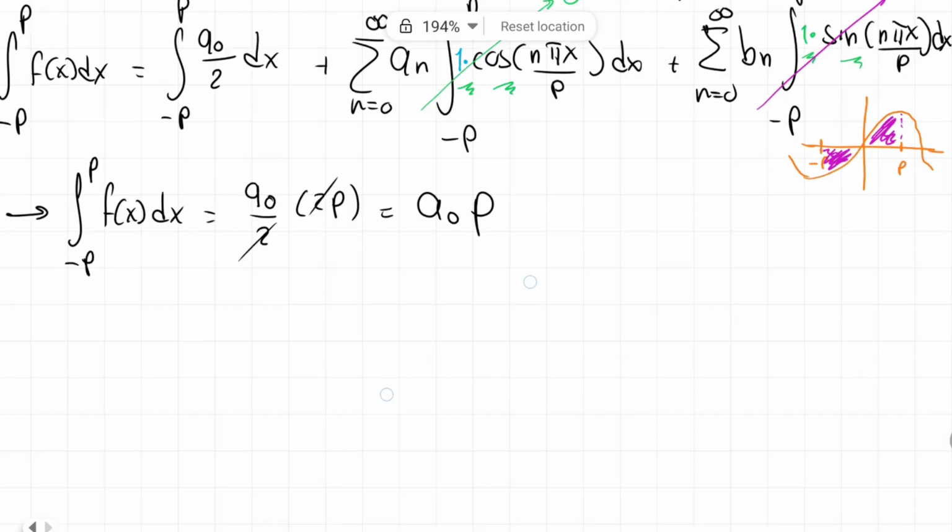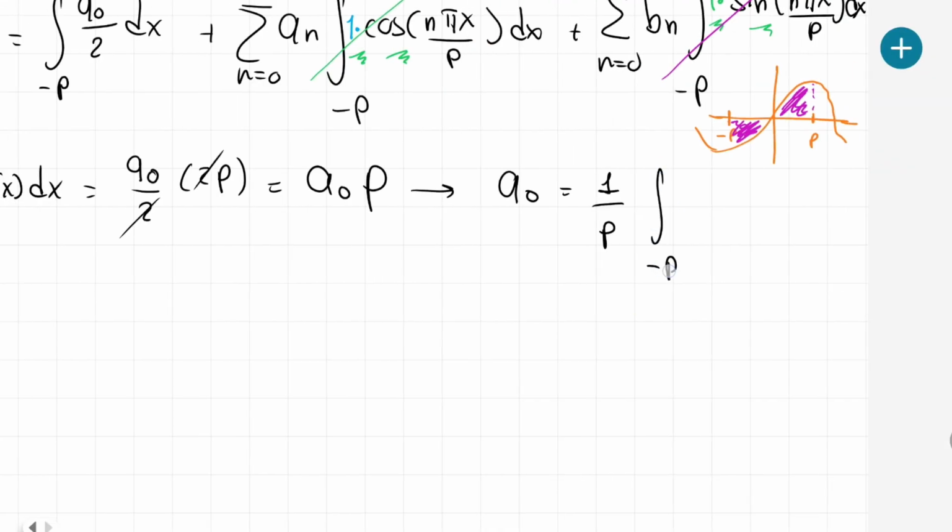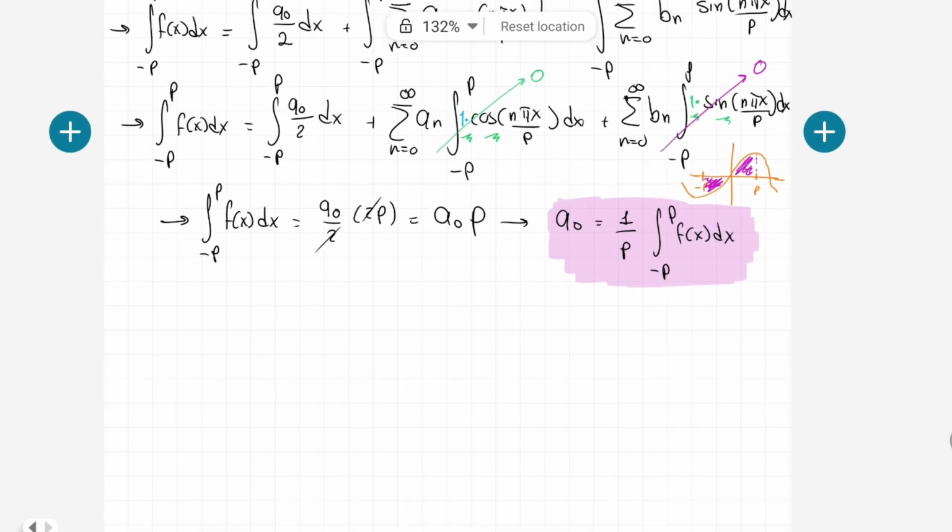Remember that we wanted to find a0, so a0 is just going to be 1 over p times the integral from negative p to p of f of x dx. This is the first important result of the video, one of the three Euler-Fourier equations. So we have just found the first constant of the Fourier series.